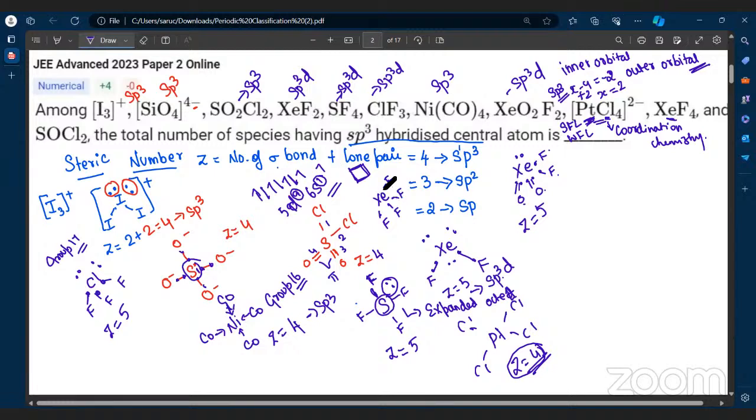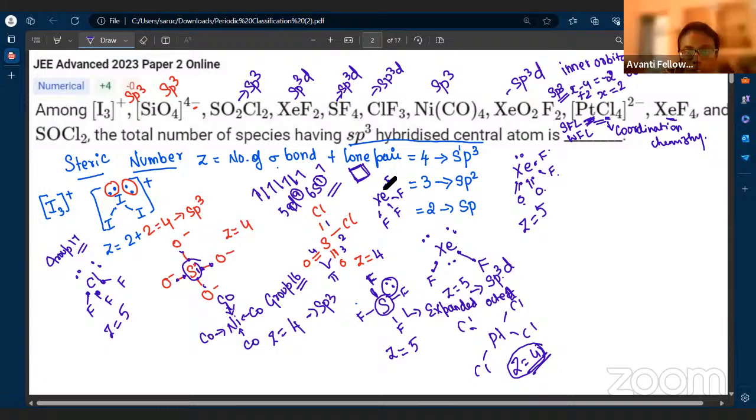So 1, 2, 3, 4. How many lone pairs will it have? In XeF4, you'll have 2 lone pairs. So the Z value is going to be 1, 2, 3, 4, 5, and 6.